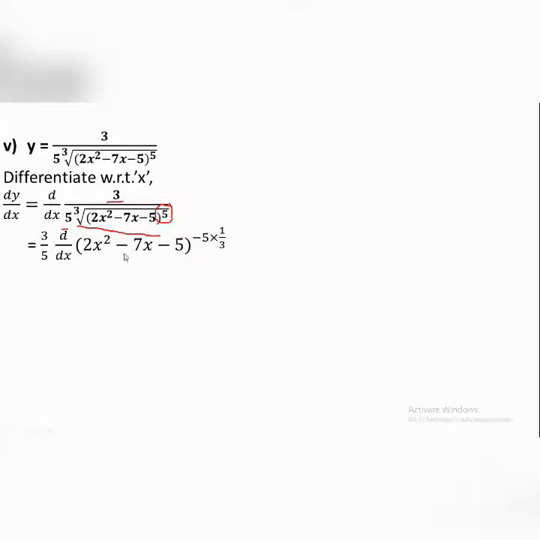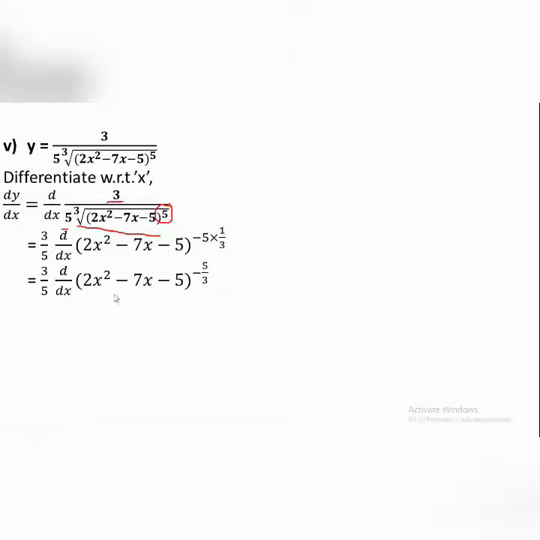Its power is 5, but since we took it into the numerator, here minus 5 is there. And this is the cube root, okay? So cube root means what? Cube root means 1 upon 3 power, okay? So now multiply the power, it becomes minus 5 ones are minus 5 upon 3. So here the power becomes minus 5 upon 3.